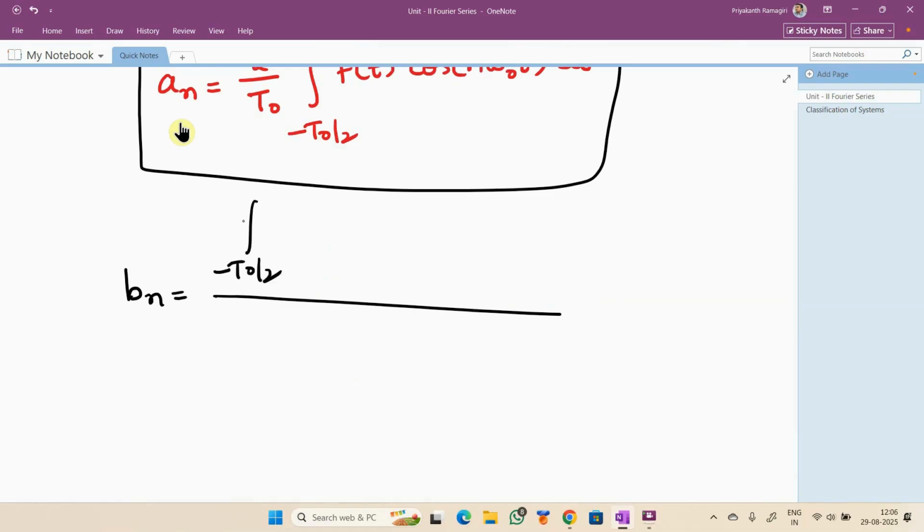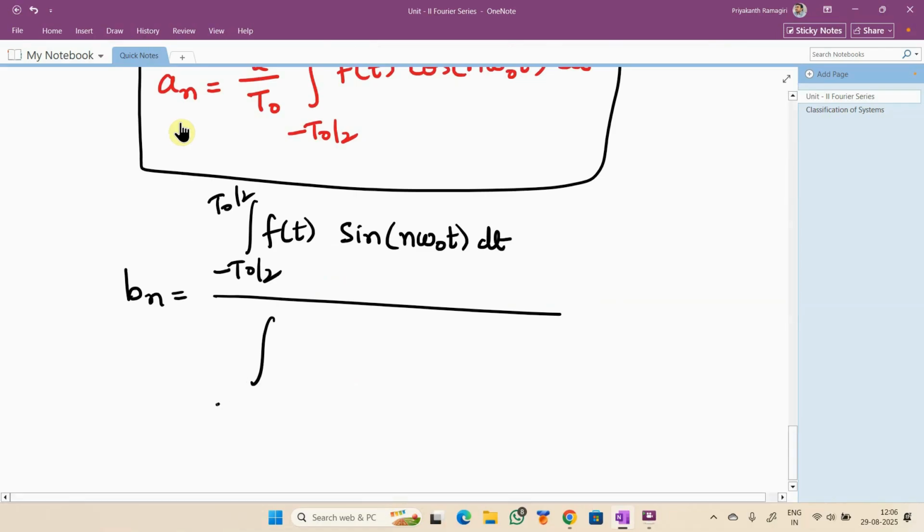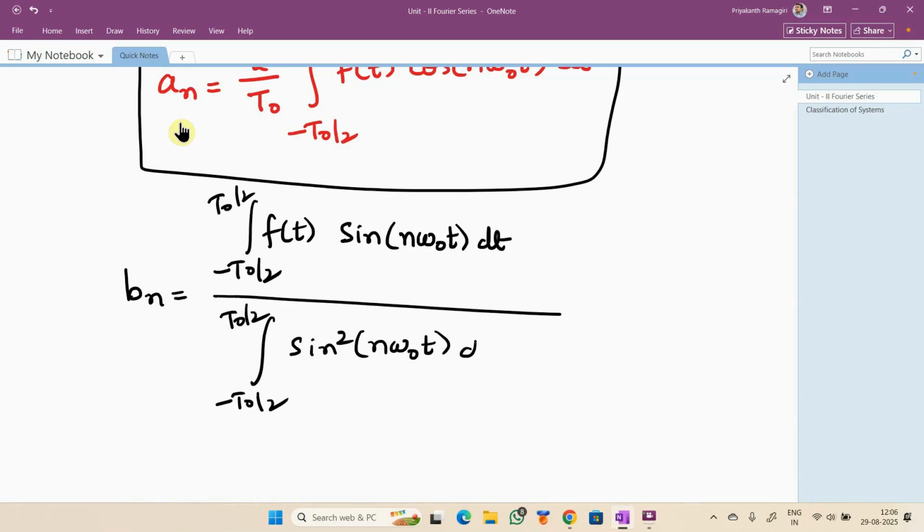Minus t naught by 2 to t naught by 2, f of t sine n omega naught t dt, right, integral over a cycle. Here it is sine square n omega naught. Now simplify the denominator and tell me. T naught by 2.